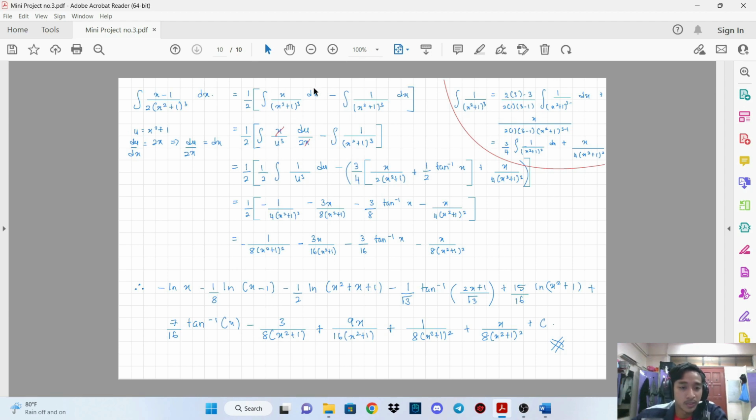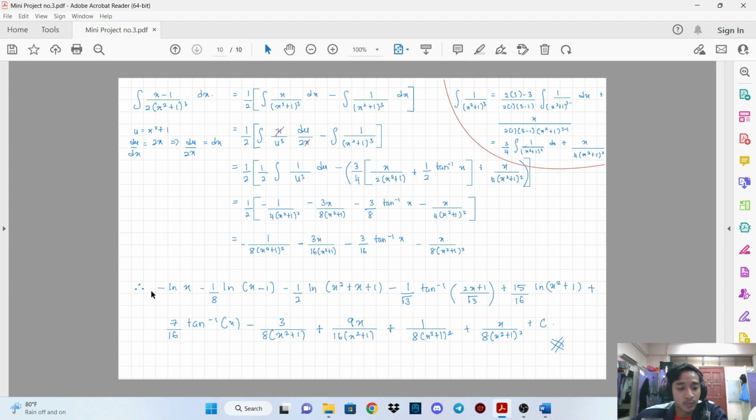Okay, for the first one we use substitution, and then for the second one we use reduction formula, and after the reduction formula we use this trigonometric function, which is tan inverse trigonometric function, and then the answer we got -1/8 (x square plus 1) square minus 3x/16 (x square plus 1) minus 3/16 tangent inverse x minus x over 8 (x squared plus 1) squared.